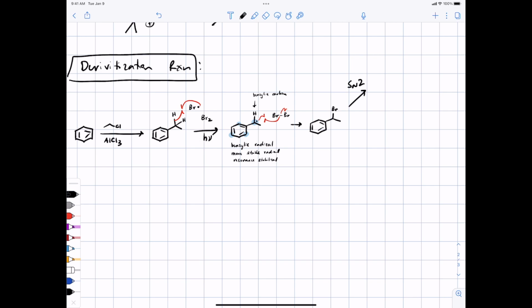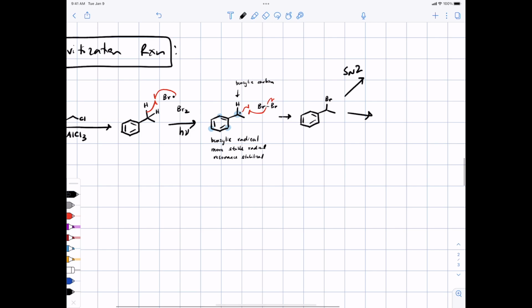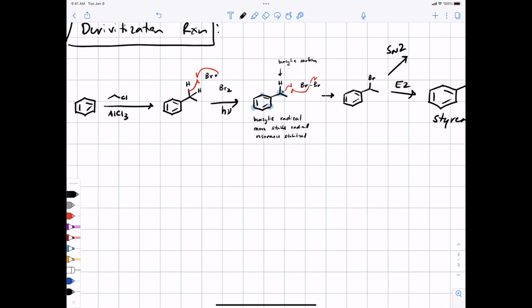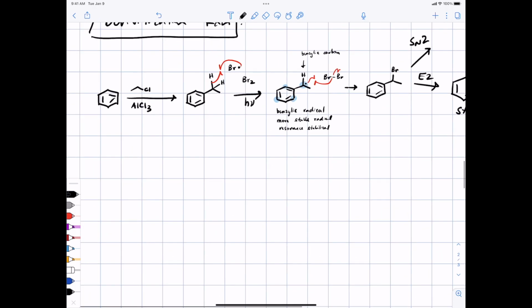You could replace it with many different things, any nucleophile that you might come up with. You could also do an elimination reaction to put a pi bond in place. And this is actually a molecule called styrene, which is a precursor to the polymer polystyrene. All right, so that's one derivatization reaction: radical halogenation at the benzylic carbon.